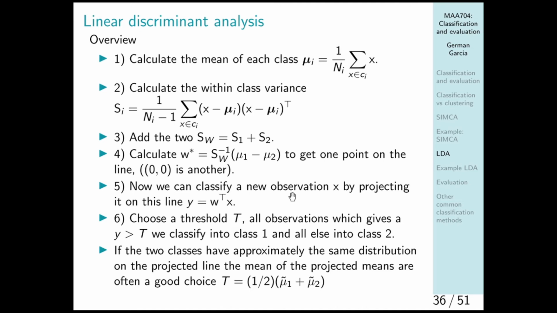Now, finally, if the two classes have approximately the same distribution on the projected line, the mean of the projected means is generally a good choice. A good threshold is something you usually have to improvise, but if you can say that you have similar distributions, then the mean of the projected means is really a good estimation.